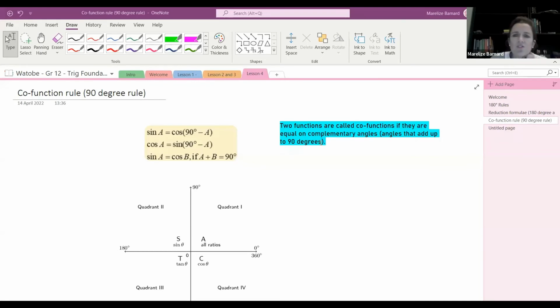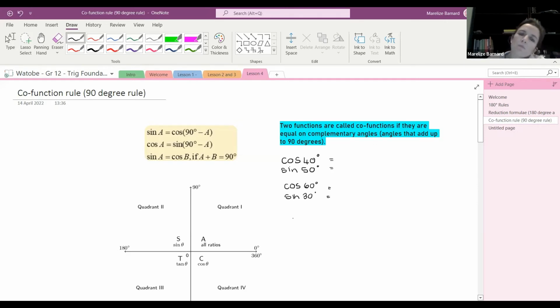So I want you to quickly get out your calculator, and we're just going to do a quick investigation. Put into your calculator cos of 40 and sine of 50, and see what answer you get, and put in cos of 60, sine of 30.